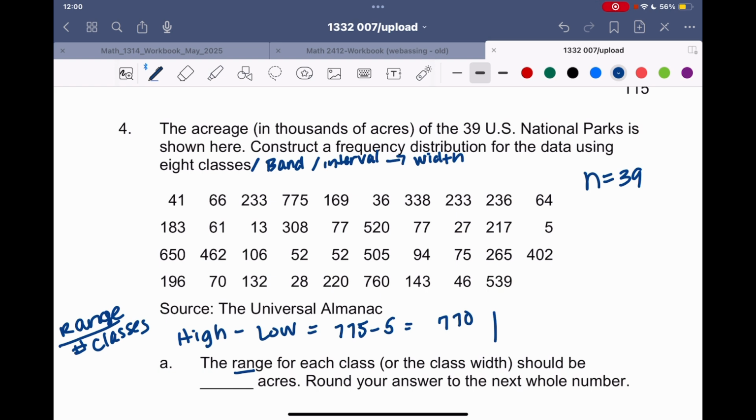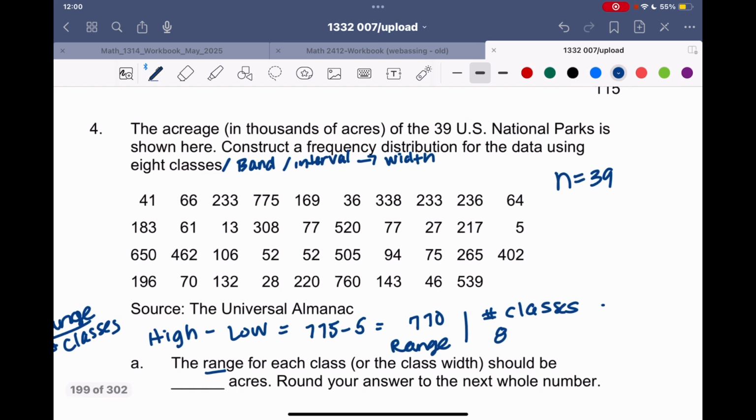Now, the number of classes is 8. So 770 divided by 8, we're going to get 97. We have to round up, so it's going to be a width of 97.